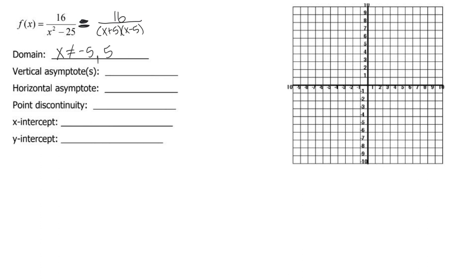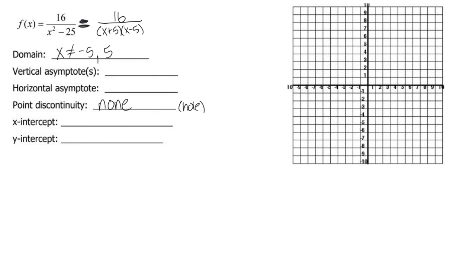So, for point discontinuity, this is also called a hole, right? That's if we cancel something out in the numerator and denominator. So if something cancels out in the numerator and denominator, we have created a hole. So if we look at this fraction, I can't simplify anything, so I do not have one of those.